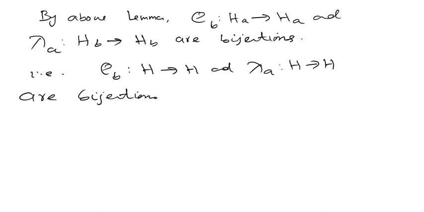So that means this gives, what's the image of H under rho B? It's HB. And what's the image of H under lambda A? It's AH.